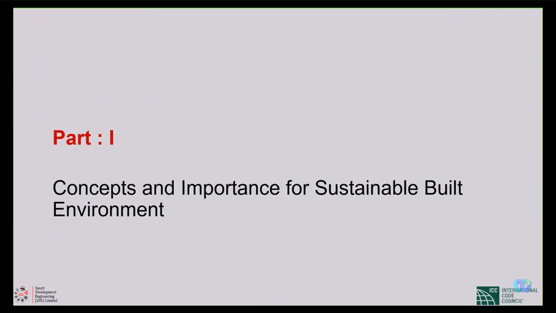Part one is the concept and importance of the sustainable built environment.